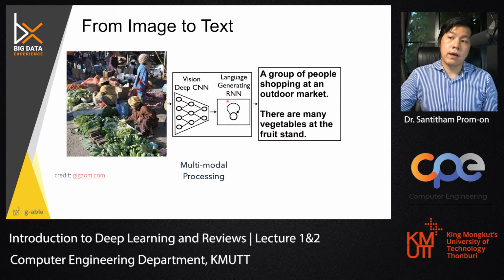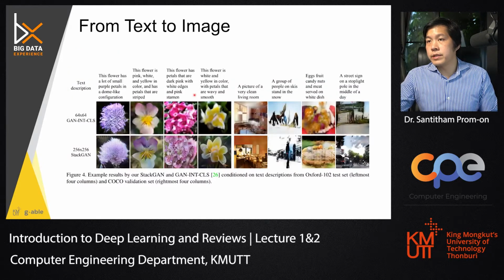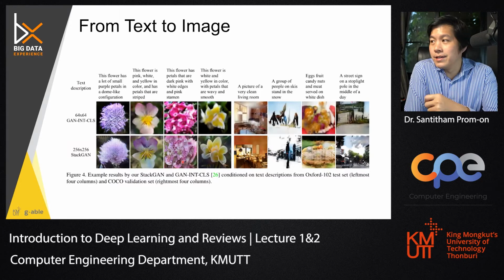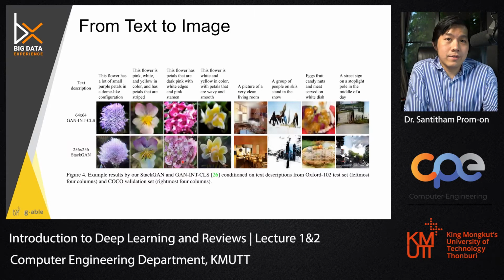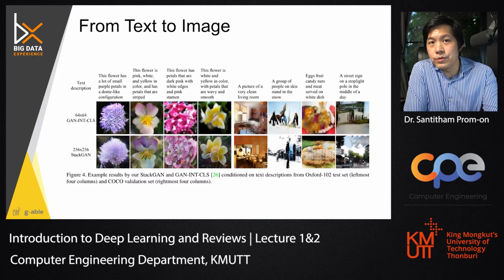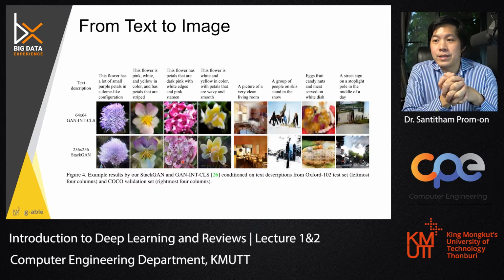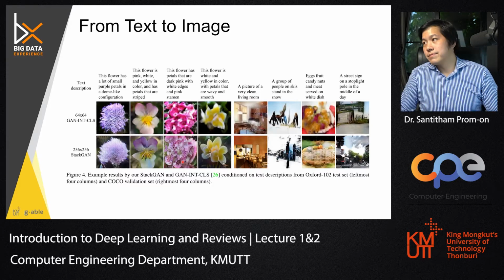Let the model learn by itself how to translate from the picture into a sequence of data, or from text to image, where you describe it as text and generate an image based on a generative model like GAN, the generative adversarial network, which is quite an interesting concept that can be used to do generation as well as to be part of the analysis system to train the model.